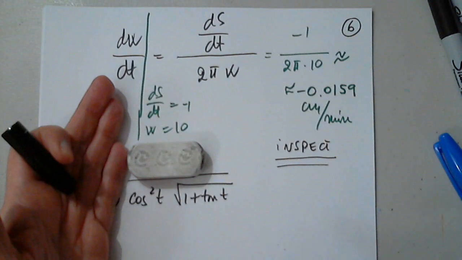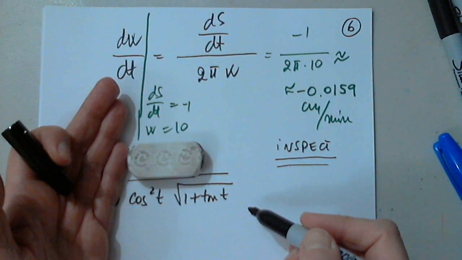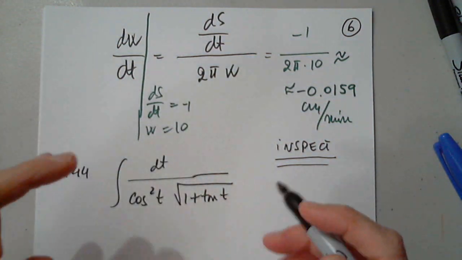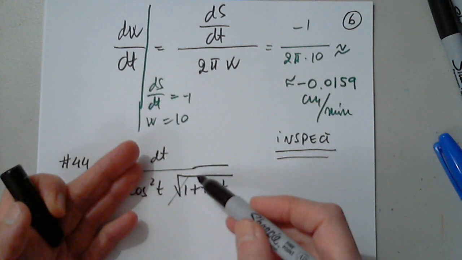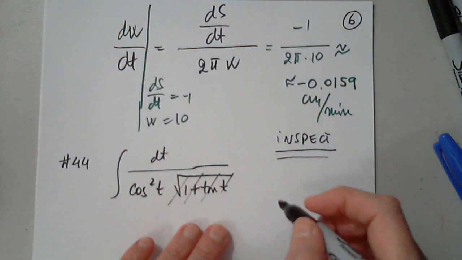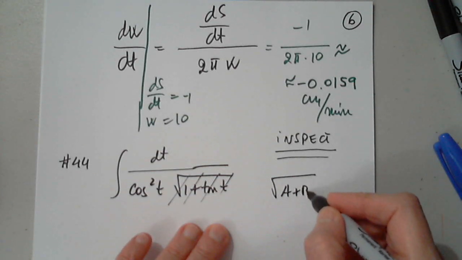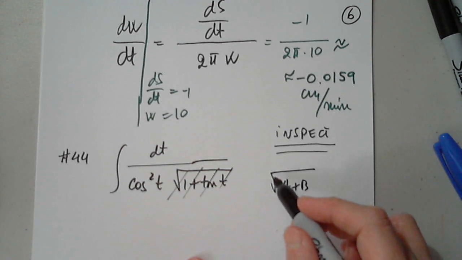I'm looking at the function. The function is 1 over cosine squared, the square root of tangent t. And immediately when I looked at this, I said to myself, this is my problem. Because it's a square root of a plus b. No one can simplify this. Carved in stone, fixed.